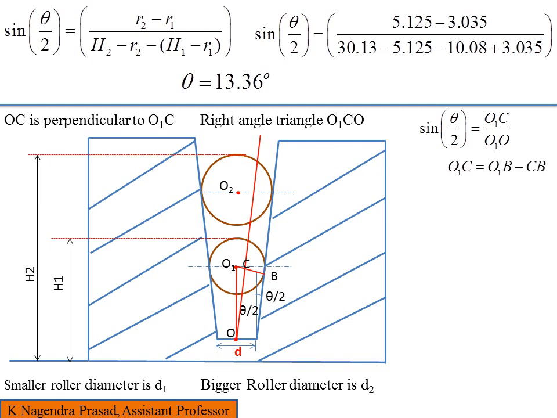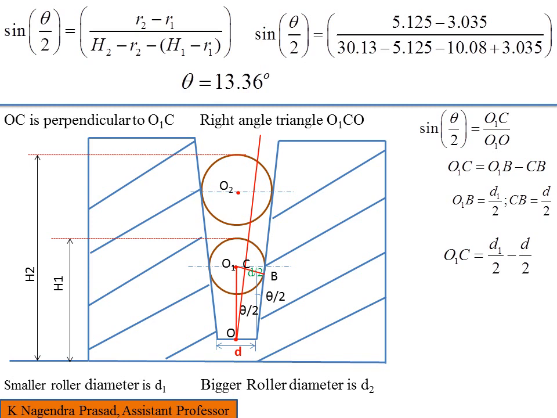So next we have to see the value of O1C. In the diagram we observe that O1C is equal to O1B minus CB. We know that O1B is nothing but the radius of the smaller ball, that is D1 by 2. Similarly CB is nothing but D by 2. Then O1C will become D1 by 2 minus D by 2.